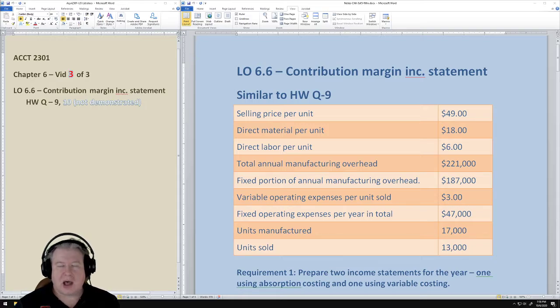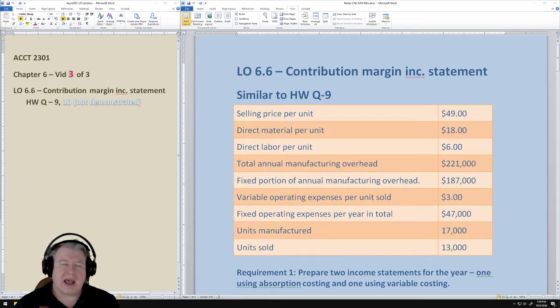We'll talk a lot more about contribution margin in Chapter 7, but we are going to be looking at the differences between what we do on a normal income statement that you studied in Intro to Financial Accounting, and a different look at it from inside the company. So there are two different forms.